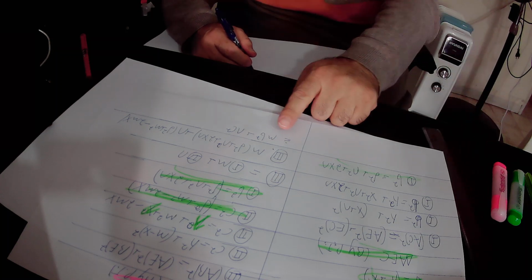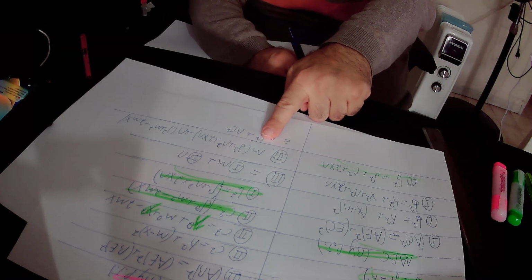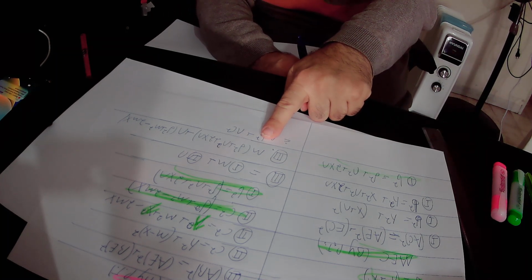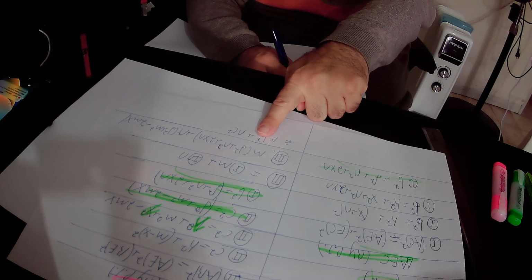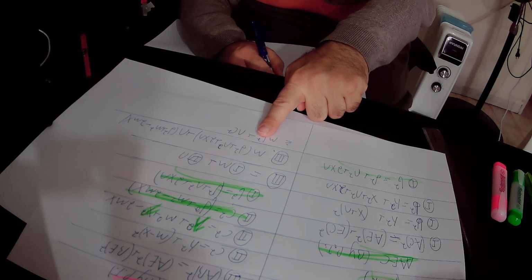M times d squared is md squared, plus m times n squared is mn squared, plus m times 2xn is 2xmn.